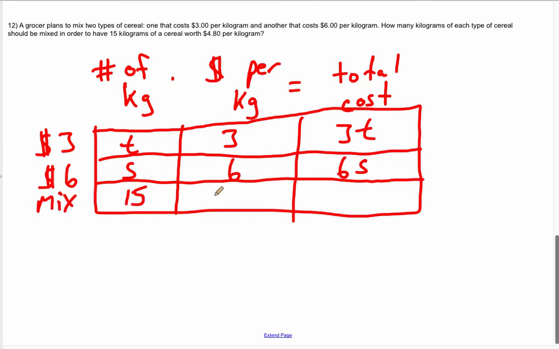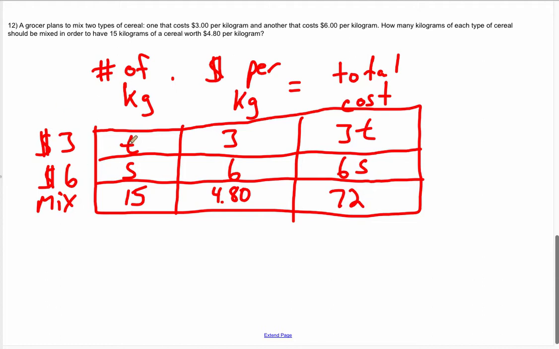And we want to make it worth $4.80, and the total cost is going to be the multiplication here. So, geez, let's see, 15 times 480. Well, $4.80 times 10 would be 48. Half that's 24. So it's 48 plus 24, which is 72. 72 bucks. Does that sound reasonable? I think it does. 72.